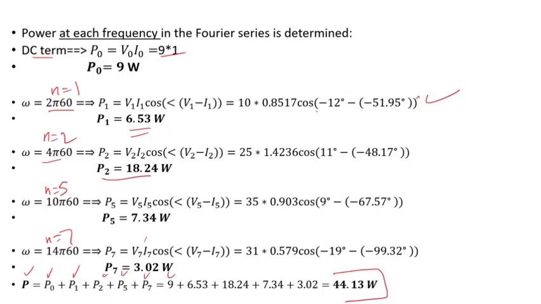Again, caution: you can only apply this formula if the signals have different frequencies. This is superposition. If two signals had the same frequency, you have to combine those signals first, then go through.